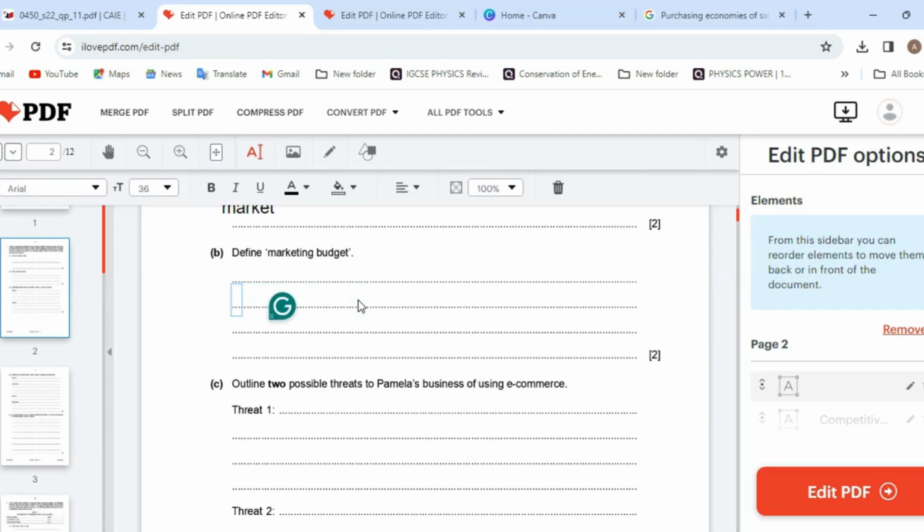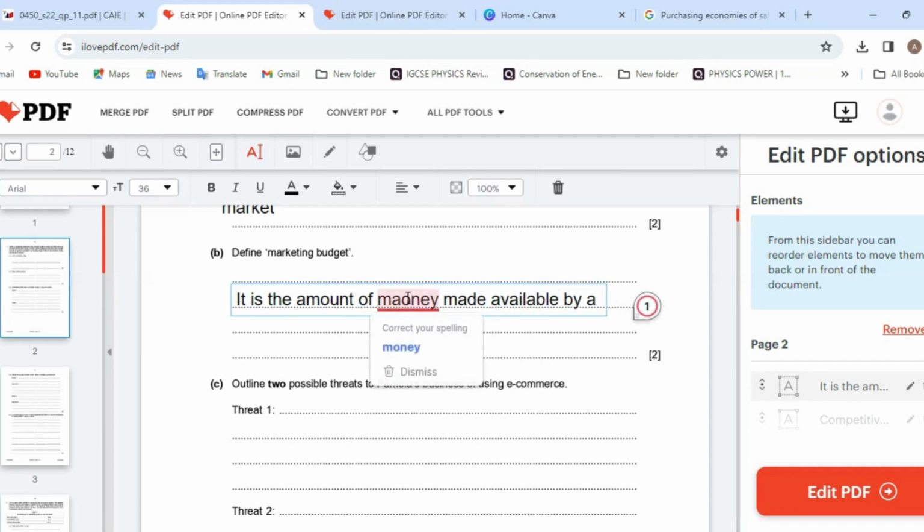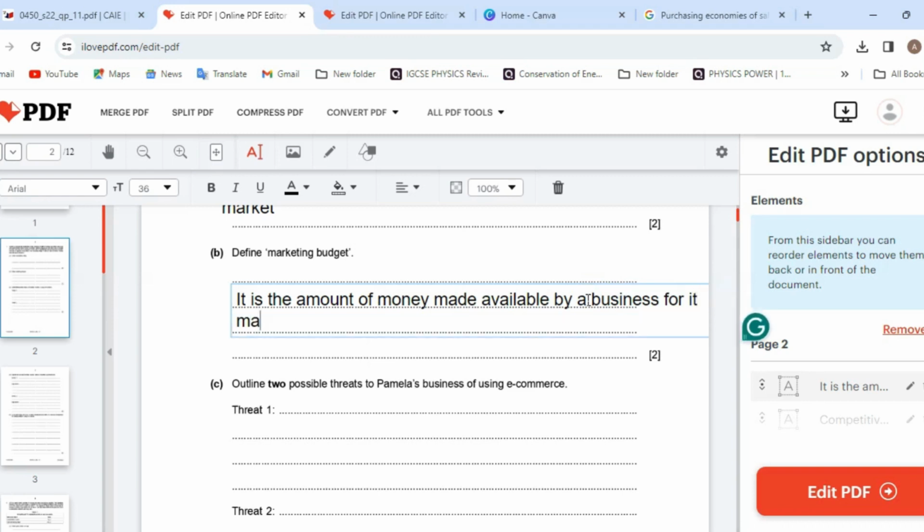Let's try and type. It is the amount of money made available by a business for its marketing activities.